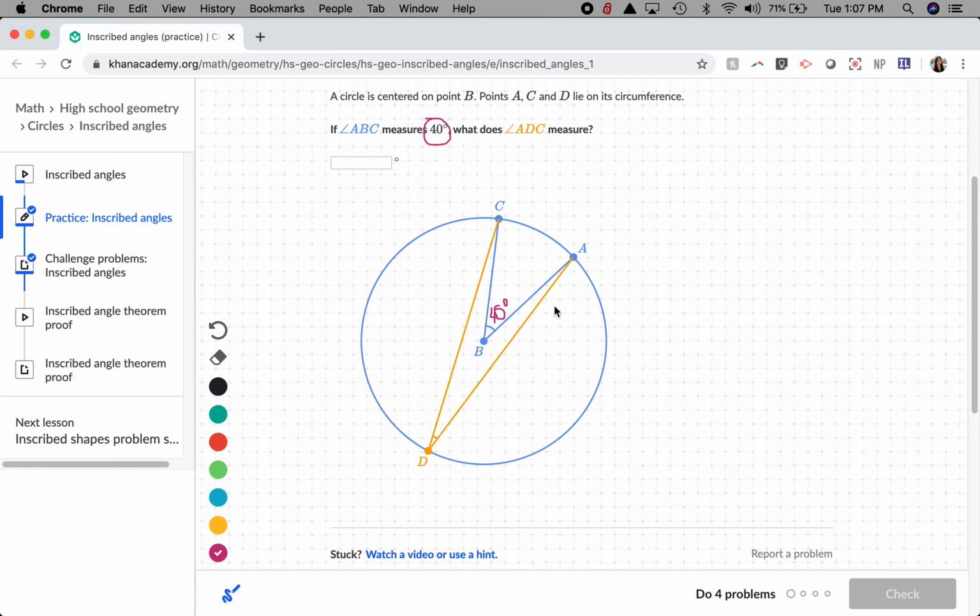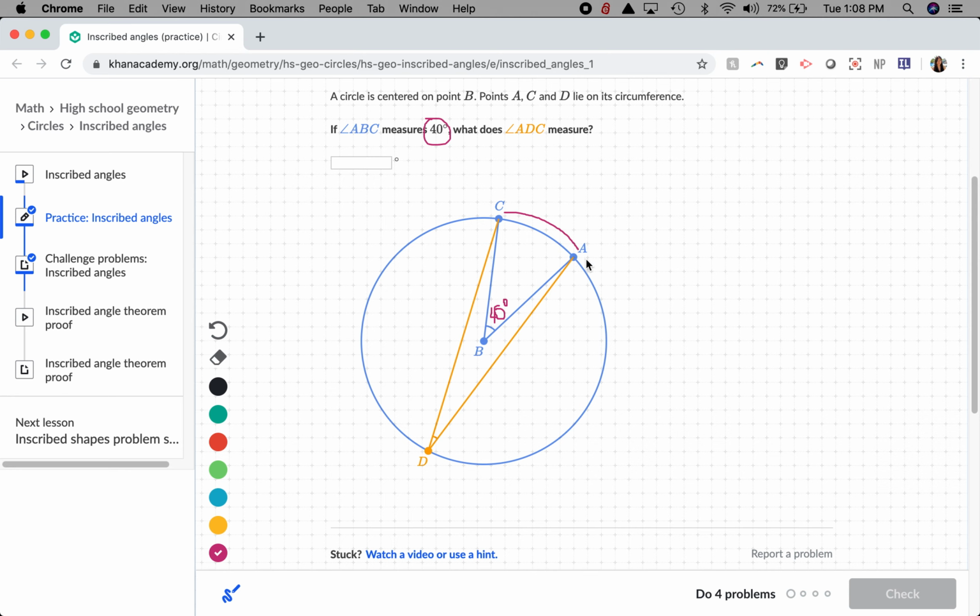Now what I notice is that when I look at the legs of my angles, this central angle and this inscribed angle, their legs, or the end points of their legs, go to the same arc, which is arc AC or arc CA.